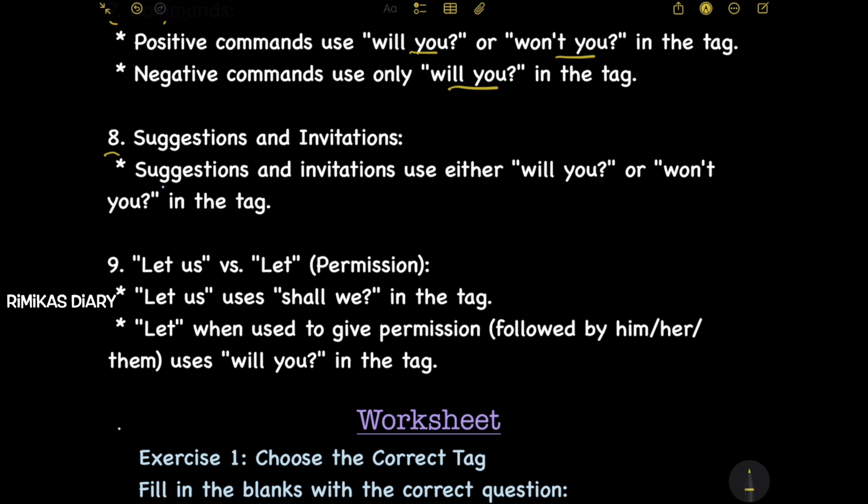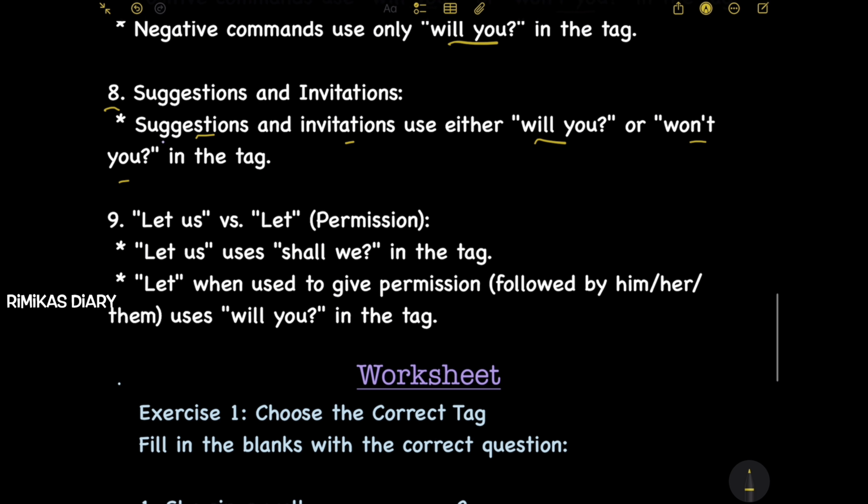Suggestions and invitations use either will you or won't you in the tag.